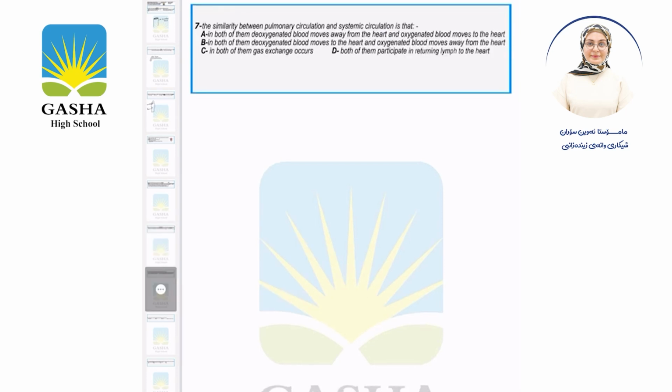Question 7, the similarity between pulmonary circulation and systematic circulation is that, before reading the multiple choice, let's talk about the pulmonary circulation and systematic circulation. We know the pulmonary circulation is between the lung and heart, okay?